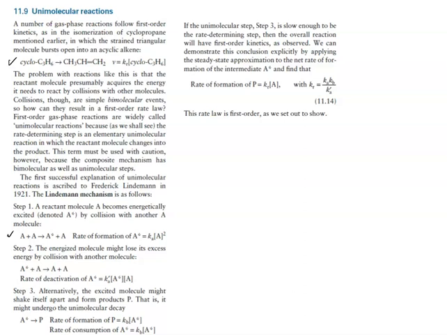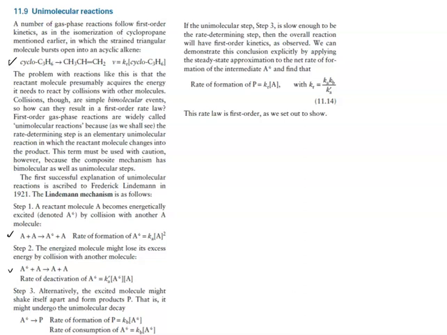Step 2, the energized molecule might lose its excess energy by colliding with another molecule, in which the excited form of A collides with another non-excited A, and they both become not excited. That means we could describe the deactivation of A with k_a prime times the concentration of excited A times the concentration of non-excited A.